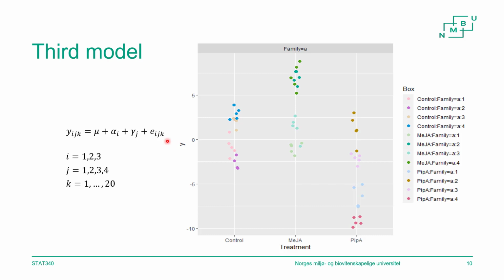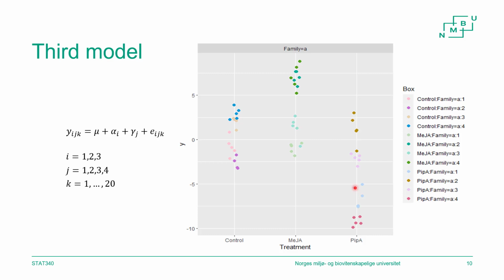In this particular case, we decided to make that box effect a random effect. But of course we could have made it a fixed effect as well. This depends on other considerations. This just tells us there is an effect of box. But whether this should be a random or a fixed effect, we have to decide, and it's not the data itself that decides that, but how we consider box.